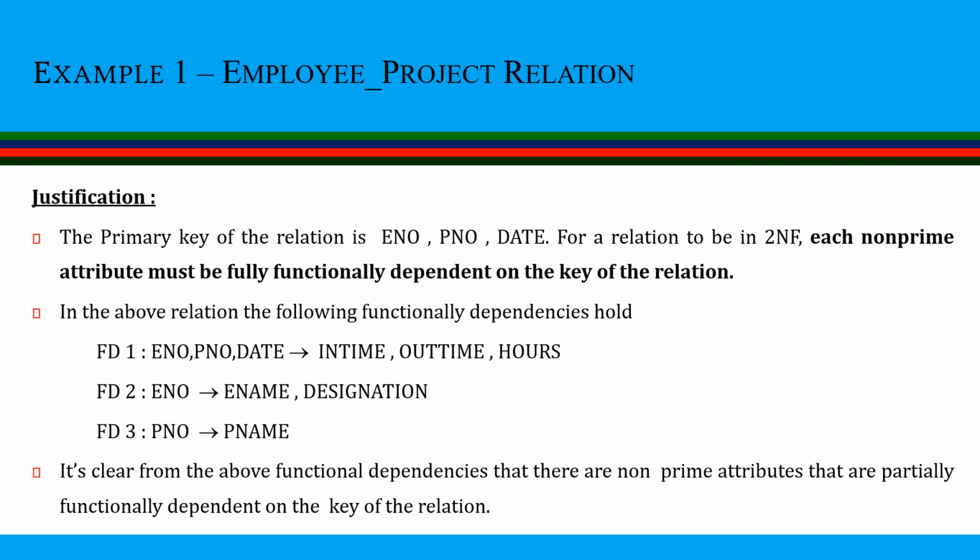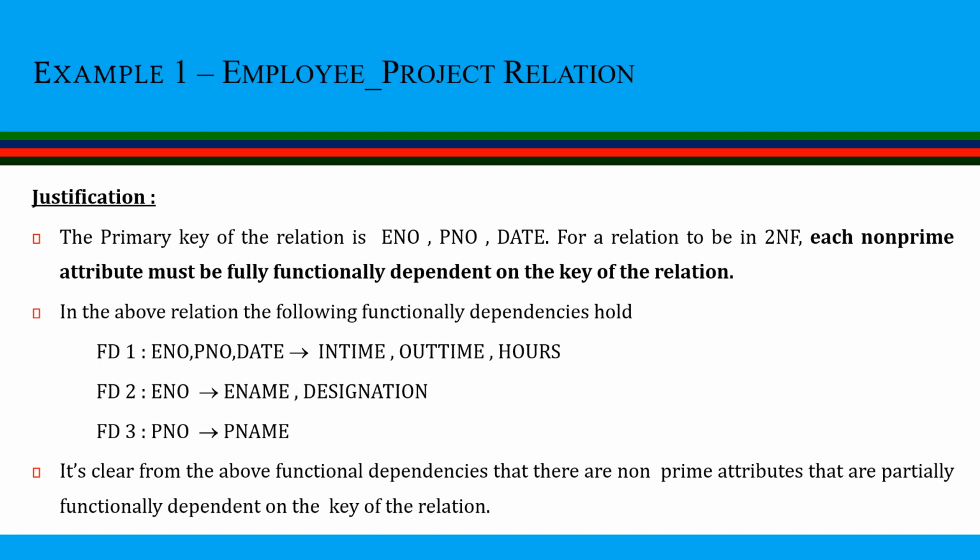So if from this key, you remove any one attribute, then the functional dependency should not hold. In FD1, the determinant is E number, P number, date, which implies in time, out time, hours.